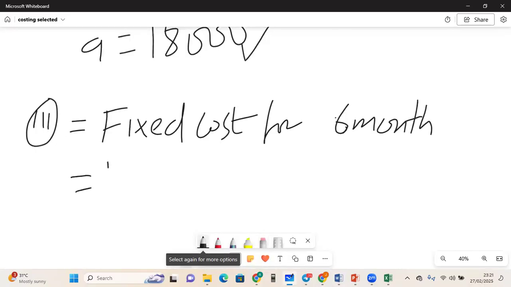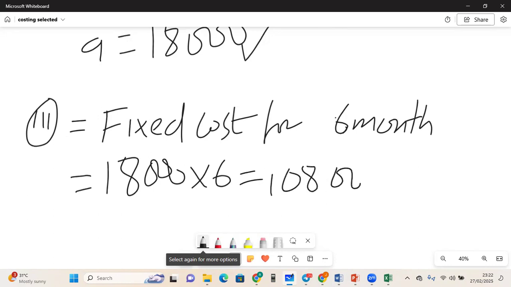It's going to be the fixed cost we found up here with the monthly times 6. And we are going to get 1080.